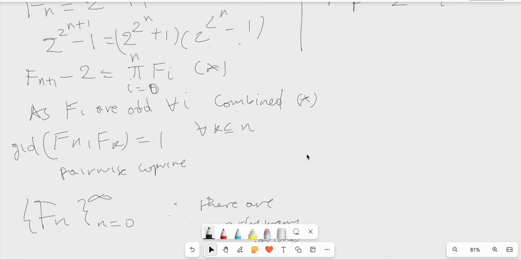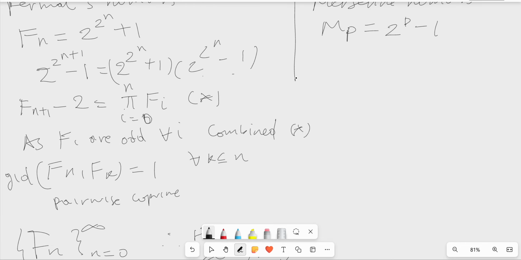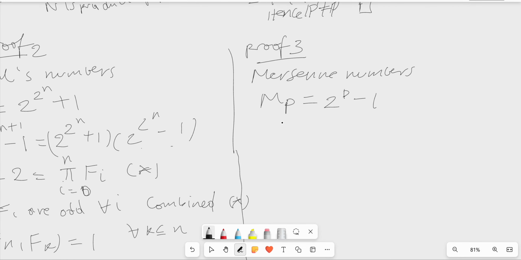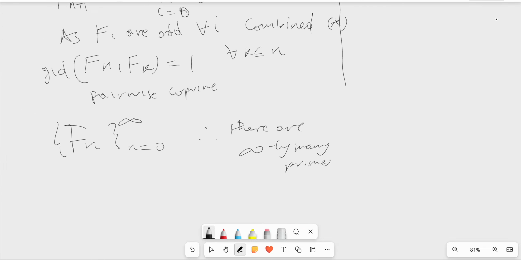And the same idea goes here for Mersenne primes. You can see the main idea is proving the infinitude of prime numbers.